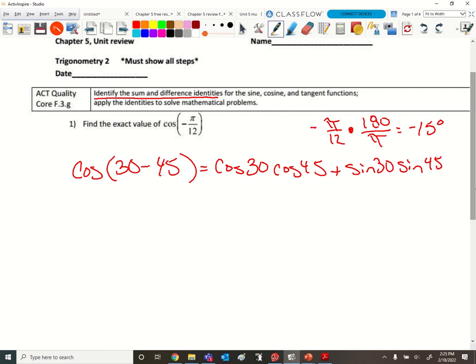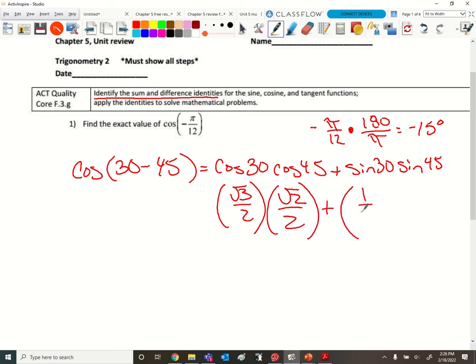And we plug in stuff from my unit circle. So cosine 30 is going to give me rad 3 over 2, cosine 45, rad 2 over 2, plus sine of 30, which is 1/2, sine 45, rad 2 over 2.